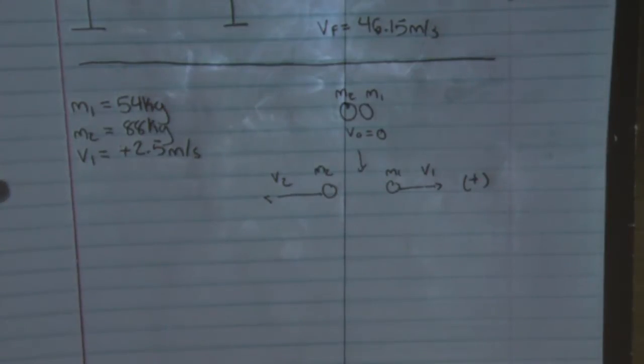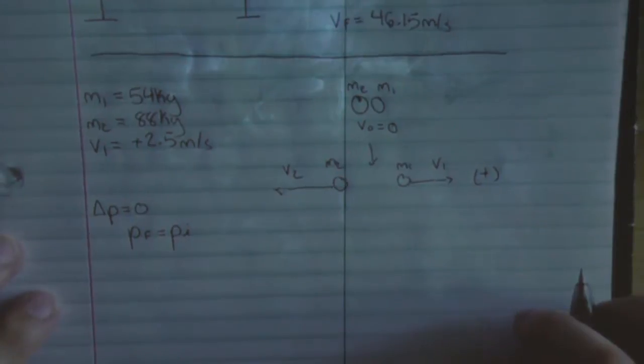So, since we have no net external forces, again, we're going to say that all of our forces are internal to our system. We're going to say that our change in momentum is equal to 0. So, our P final is equal to our P initial. And we also want V2. That's what we're looking for.